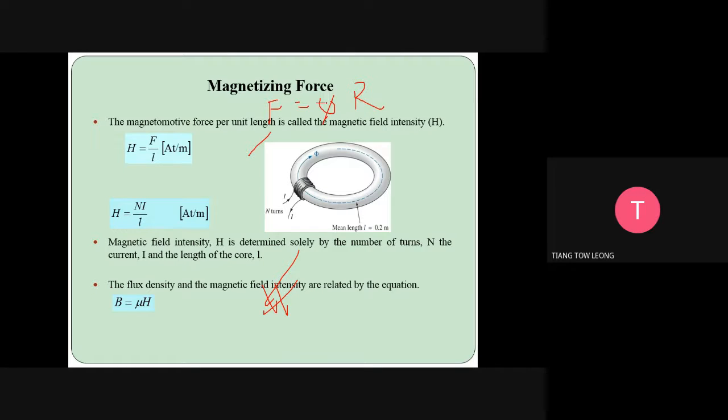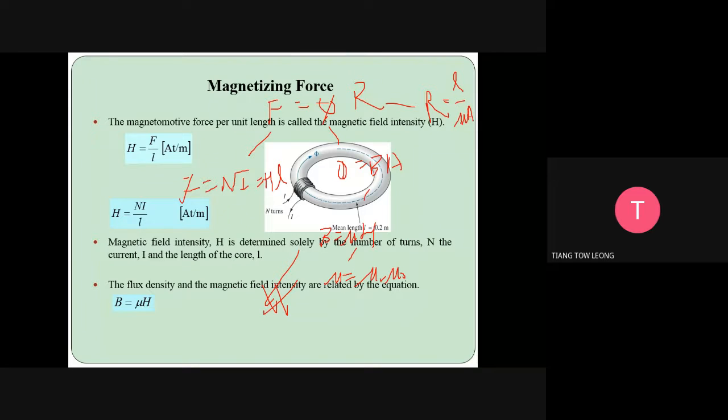F equals to phi r, then F equals to Ni equals to HL. Phi equals to BA, B equals to mu H, mu equals to mu R times mu naught, R equals to L over mu A. That's it. That's it.